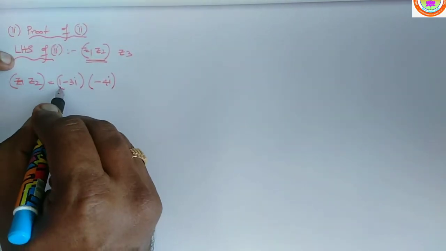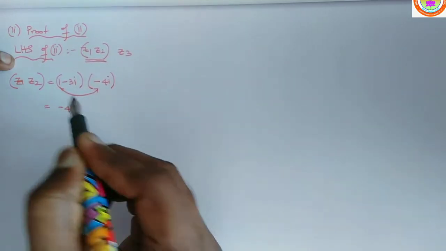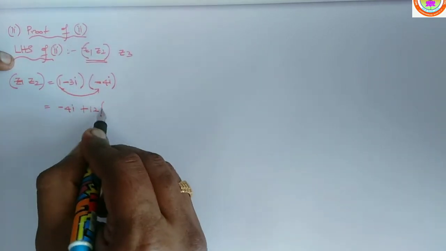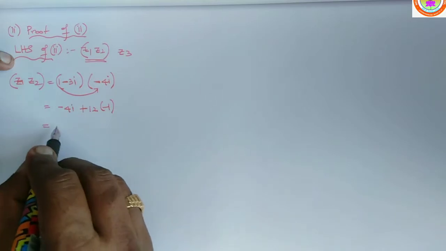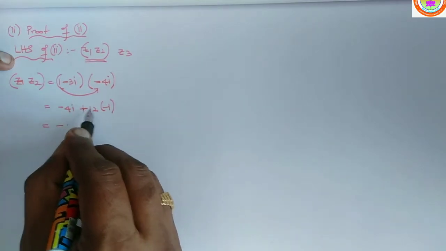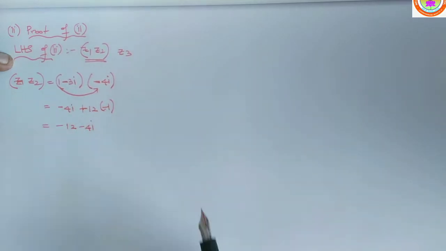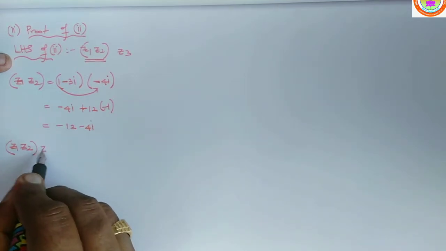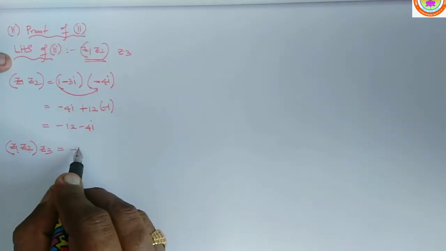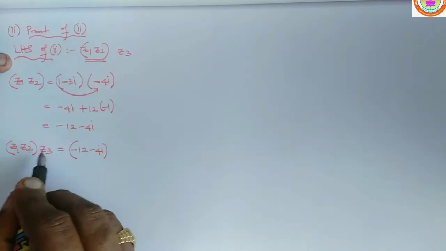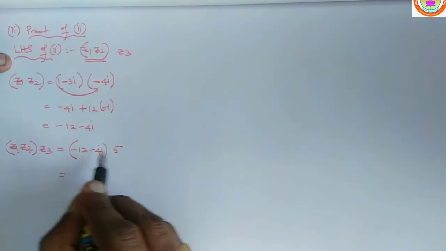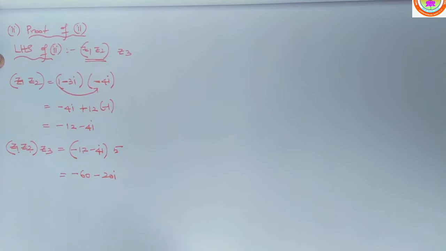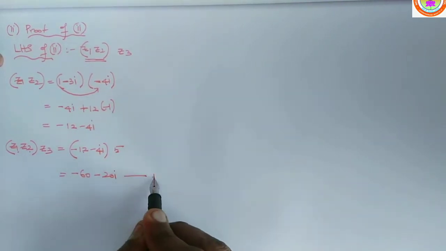Now we can start our multiplication. 1 into minus 4i gives minus 4i, minus into minus is plus, 3 4s are 12, i into i square is minus 1. So the final answer is minus 12 minus 4i. Now we need to multiply with Z3. Z1 Z2 answer is minus 12 minus 4i, Z3 is 5. So minus 12 into 5 is minus 60, minus 4 5s are minus 20i. Minus 60 and minus 20i. Keep it as equation 1.